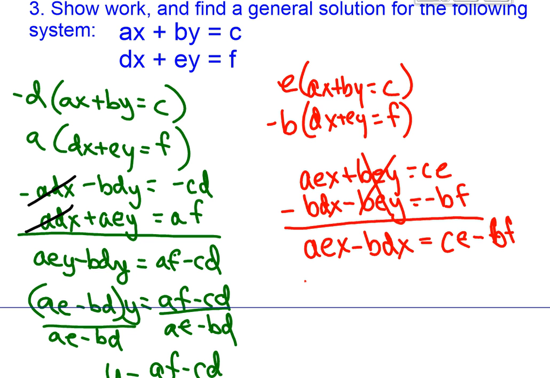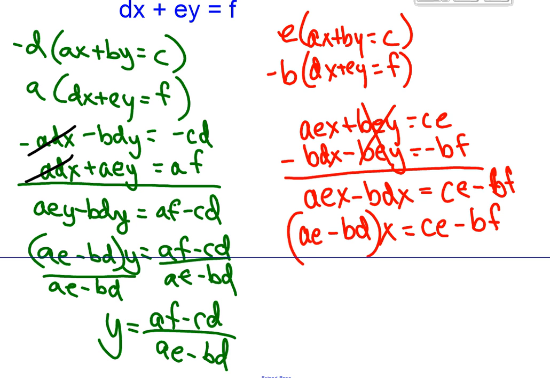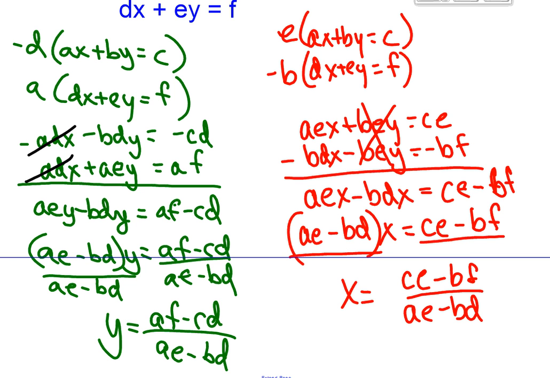And then I'm going to distribute out the x, and (ae minus bd) times x equals ce minus bf. And then when I divide by ae minus bd on both sides, I'm just going to get x equals (ce minus bf) over (ae minus bd).